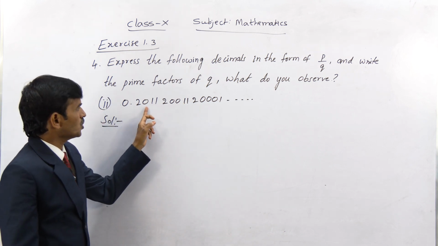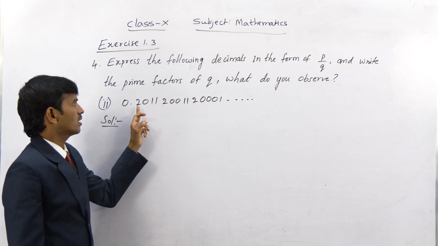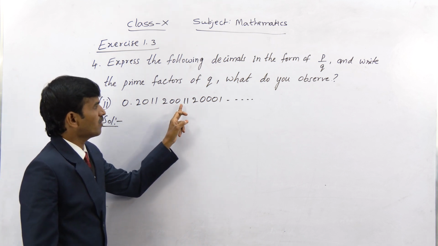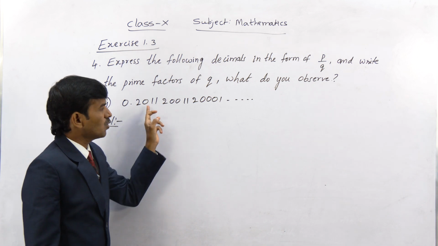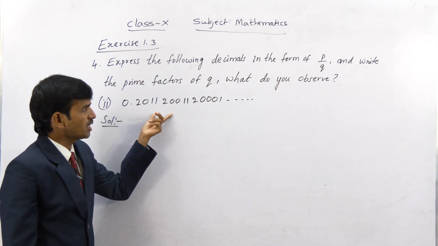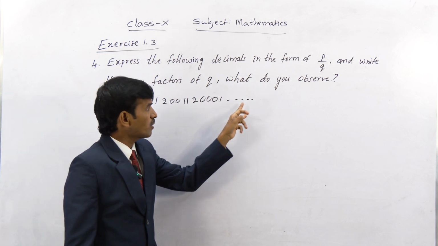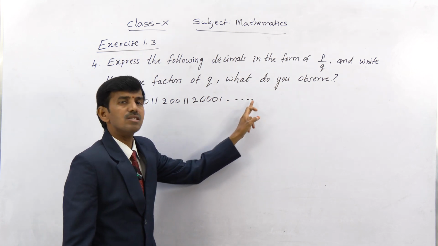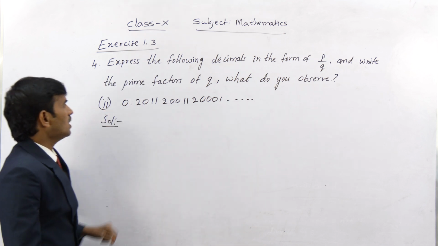No. After 20 again a different number comes, after 2011 it did not repeat 2011. So there is no particular pattern, therefore it is not repeating. Is it terminating after a certain number of digits? No, it is given as 'and so on'.